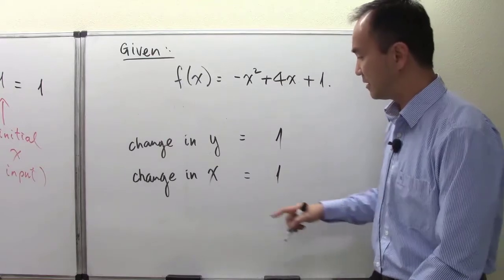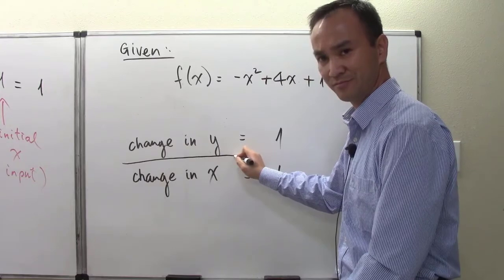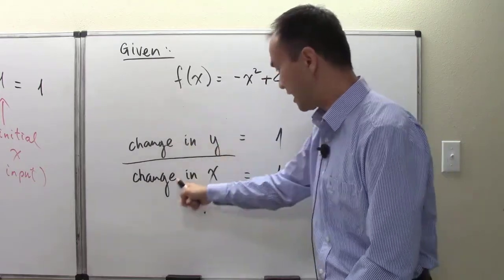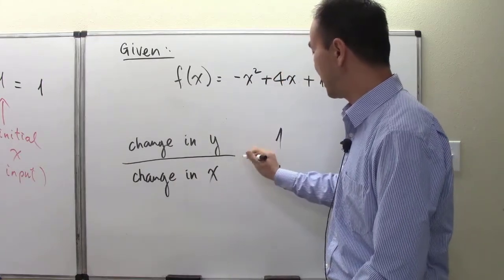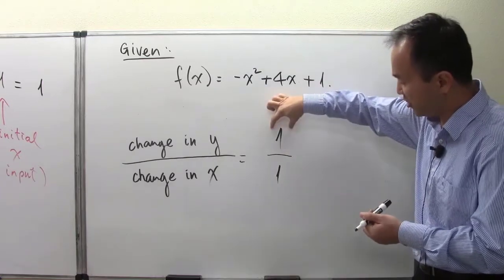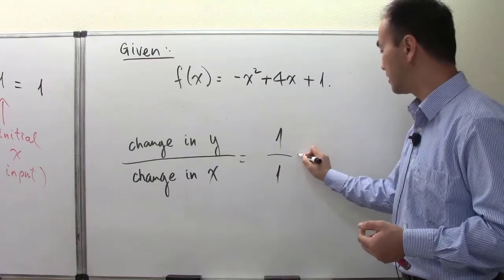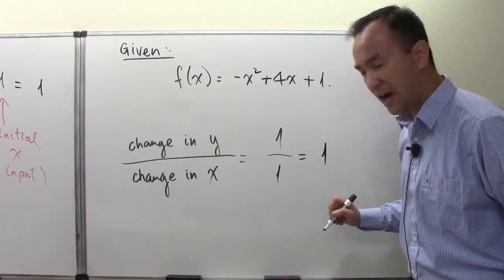Okay, we're gonna purposely set up a ratio. It's a ratio, so that change in y we calculated being 1, that change in x we calculated being 1. And so that consequently gave us a ratio 1 over 1. So this was the change in y over the change in x. And so this ratio overall, as a final numerical value, it's a 1.